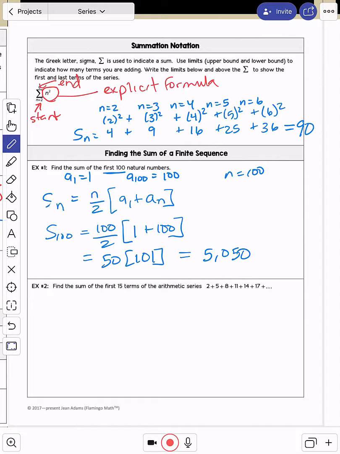And so the next example is actually an infinite sequence, but it wants us to find the sum of the first 15 terms. So we know n is going to equal 15. We know the first term, but we do not know the 15th term.